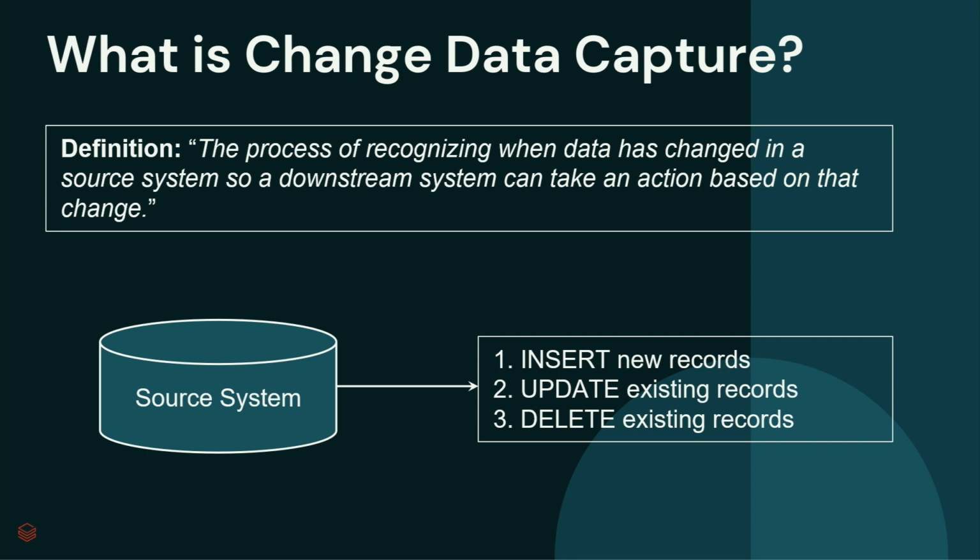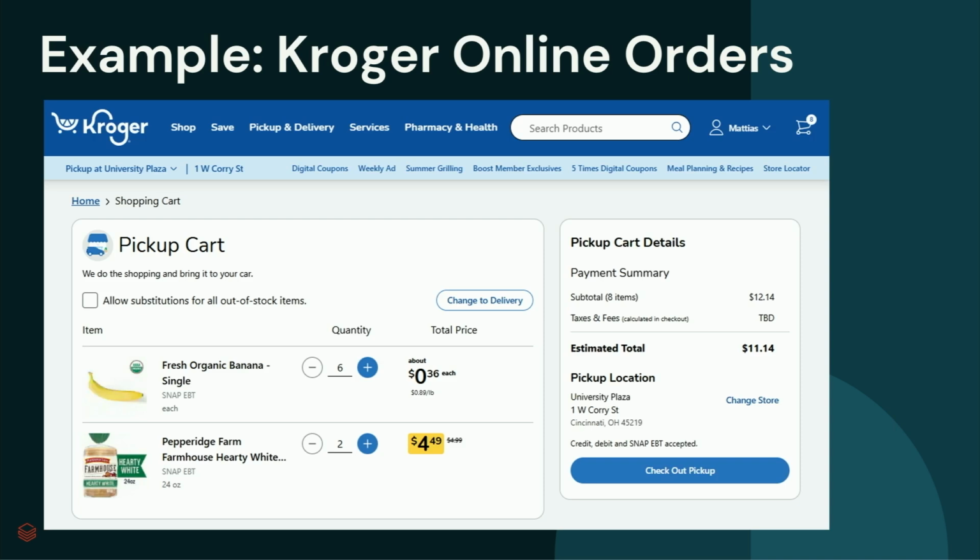In the most typical use case, our source system is a relational database, and the changes that can happen on the source system are new records can be inserted, existing records can be updated, or existing records can be deleted. And that's what I want to work with.